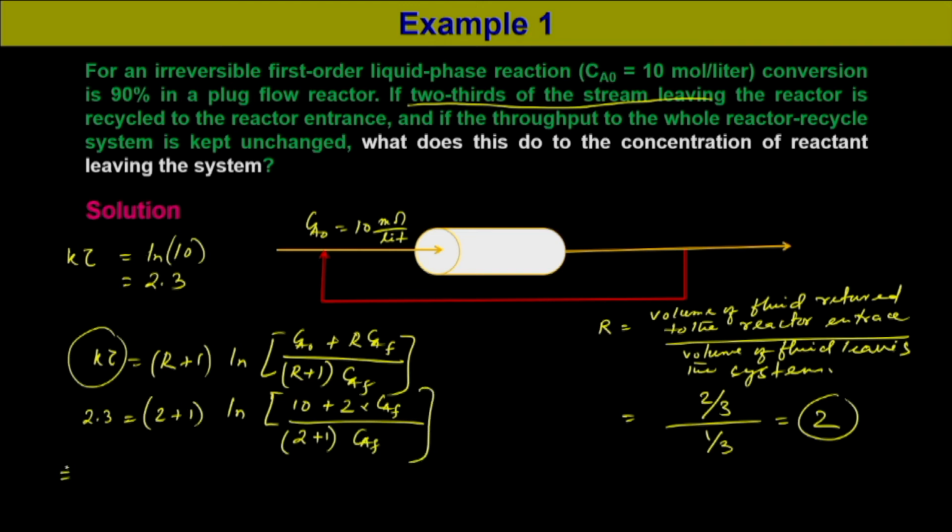If we simplify, this gives CAf equal to 2.24, and from here XAf would be equal to 0.776. So, if we keep the throughput through the whole recycle reactor unchanged, the exit conversion changes to 0.776. So, the final conversion will be reduced.